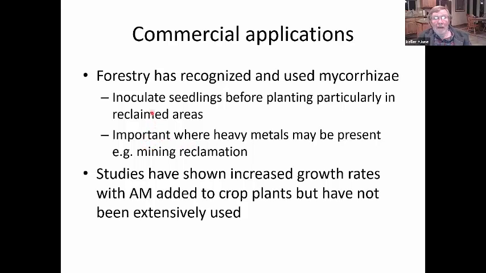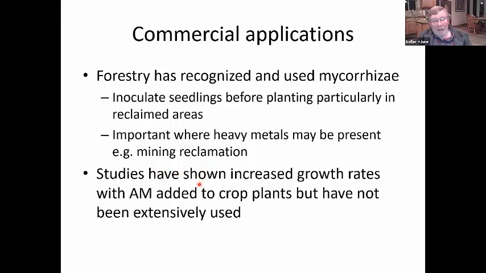So it makes planting these seedlings a lot better if they've already had some mycorrhizae established on them before they're planted. And Pisolithus tinctorius has been one of the ones really commonly used because it forms massive amounts of spores that are easily collected, and you can grow them.